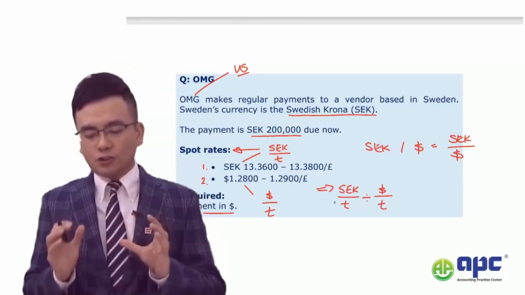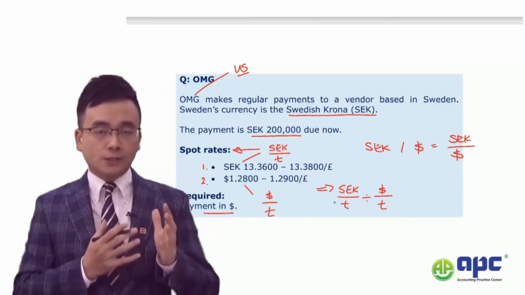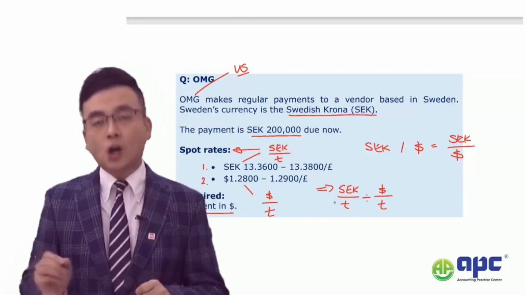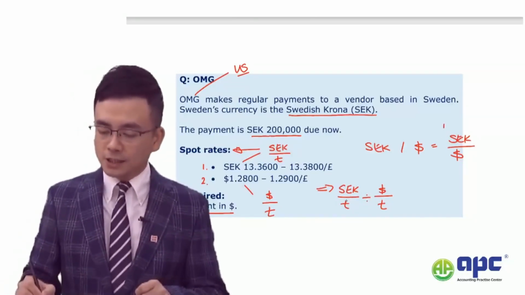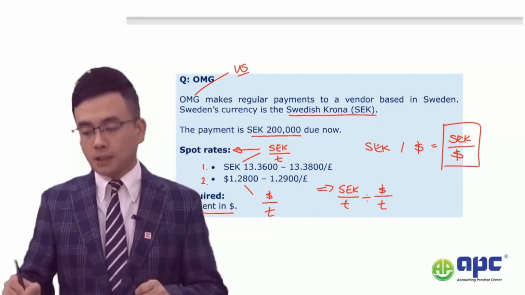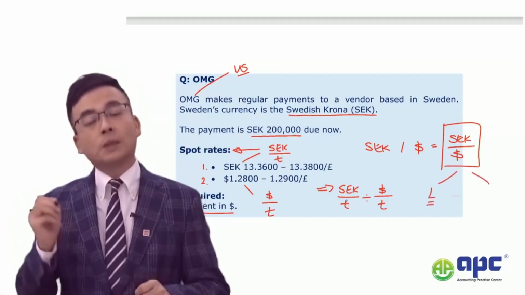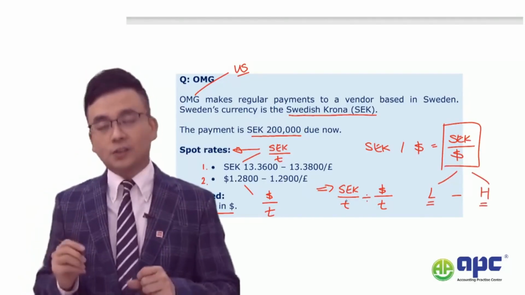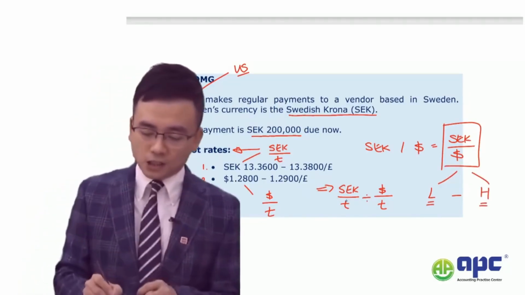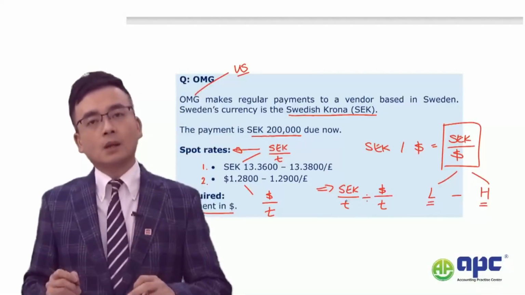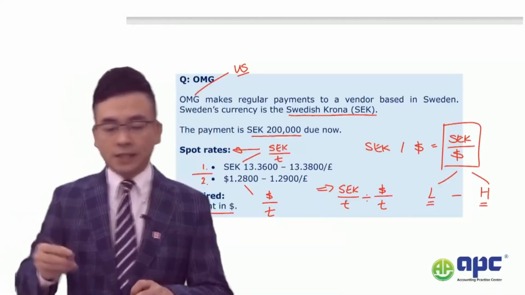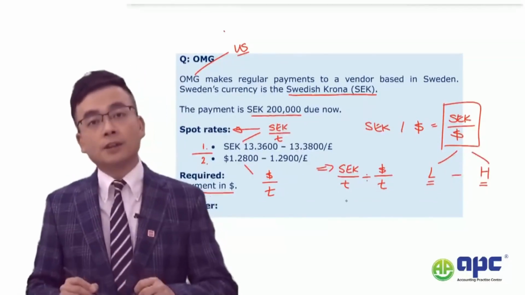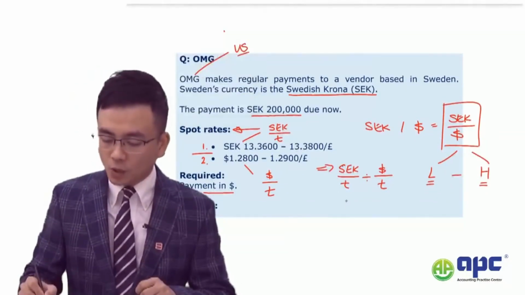Now, we are given the low rate and the higher rate. When we work out the SEK over dollar, we would like to convert this into a lower rate, which means the bid price, and a higher rate, which means the offer price. Since I would like to use the first line over the second line, if I want to work out the lower rate, I need to make sure that the numerator is quite low.